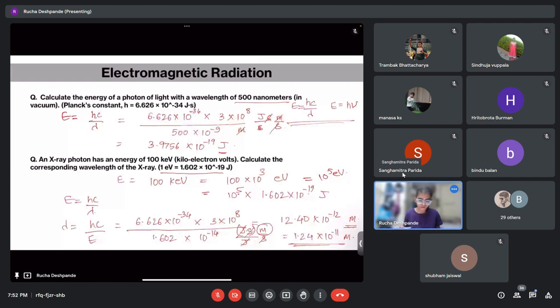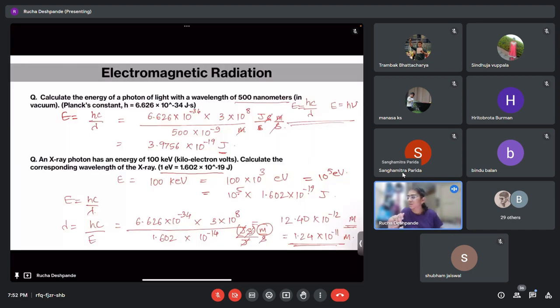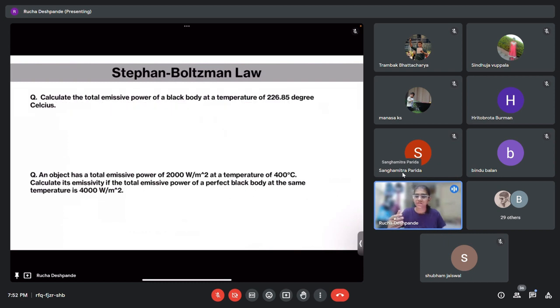Okay. So the next question is on Stefan Boltzmann law. Stefan Boltzmann law relates the total emitted radiation from a black body with the absolute temperature. So E is equal to sigma T to the power 4.